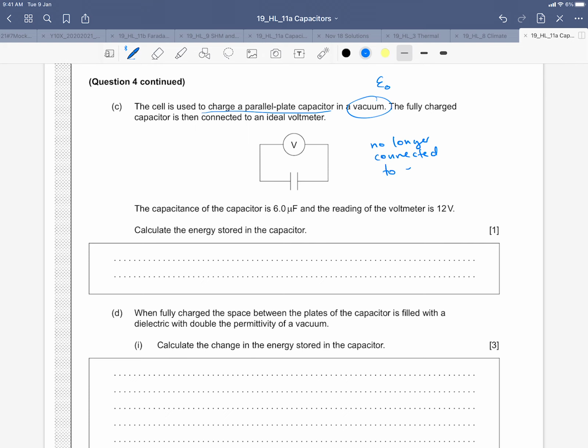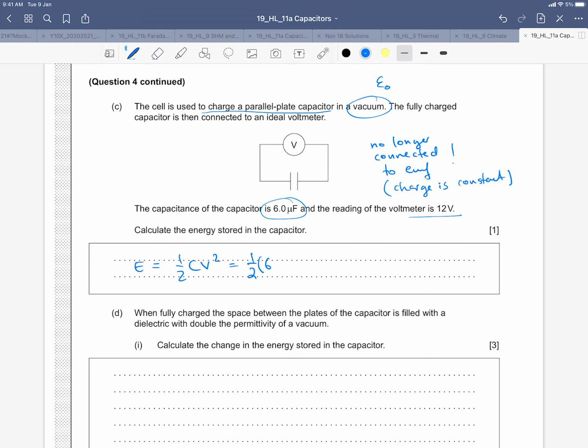That's an important thing to know, because then we know that the charge is constant. So the capacitance is that reading, and we know the PD across the capacitor. Energy stored. Relatively easy question because there is this formula, half CV squared, in the data booklet.